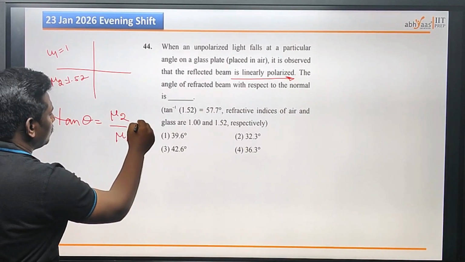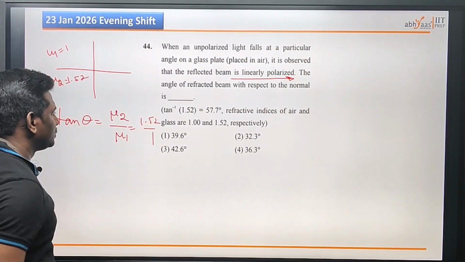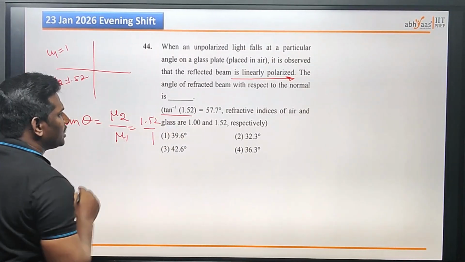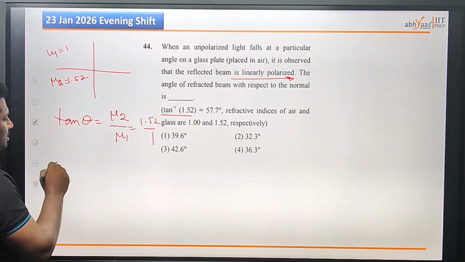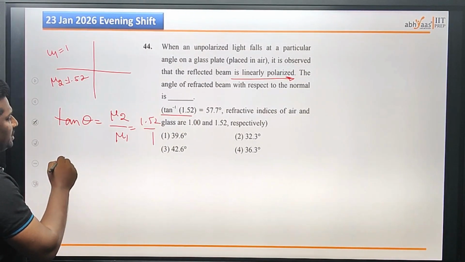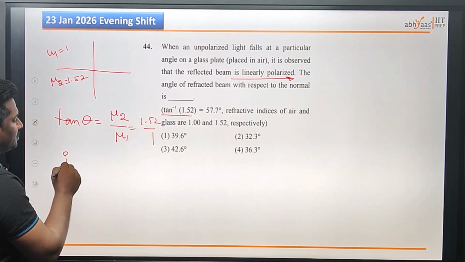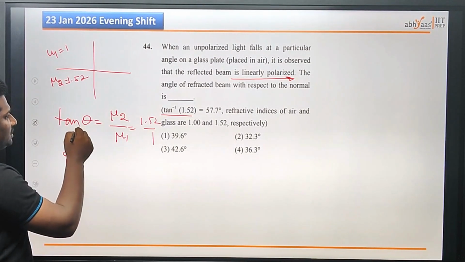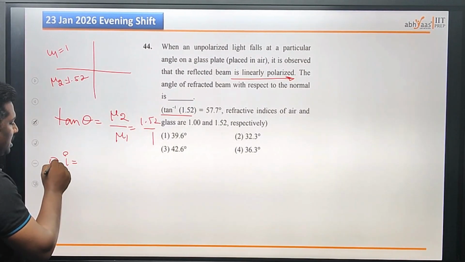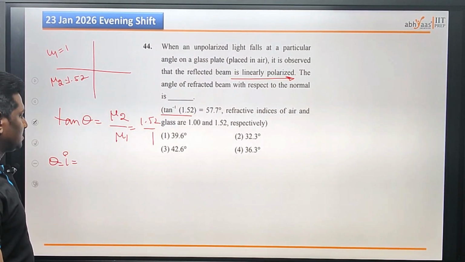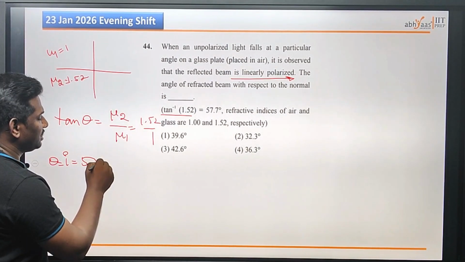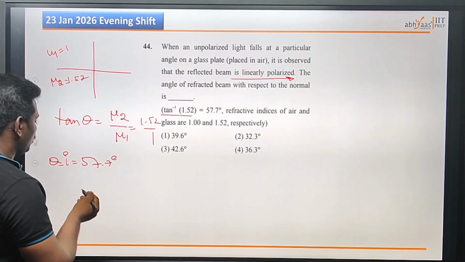Mu 2 is 1.52 by 1. So tan inverse 1.52, that is nothing but the incident angle, theta can be written as i, that is nothing but 57.7 degrees. What you have to find?